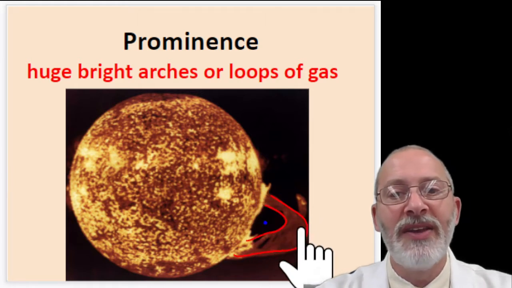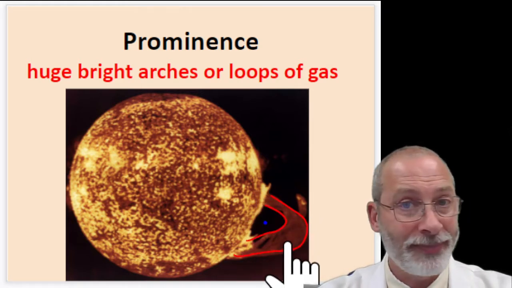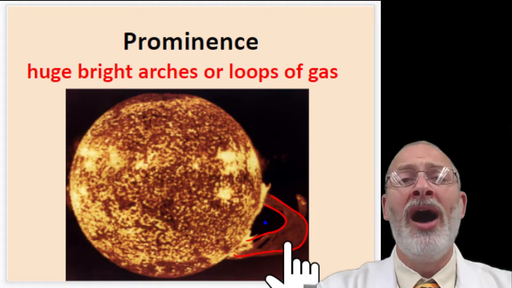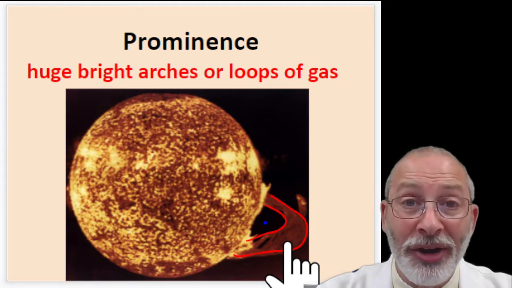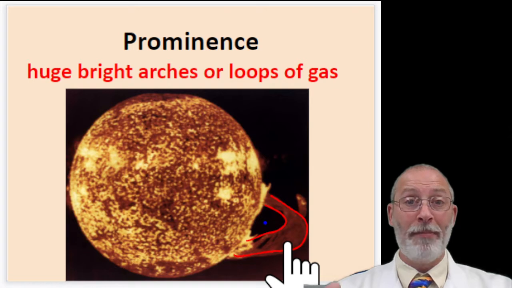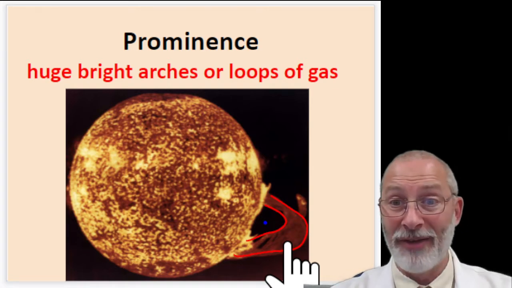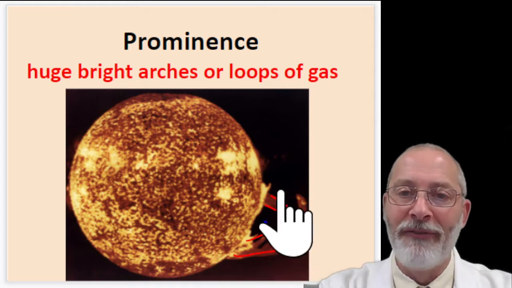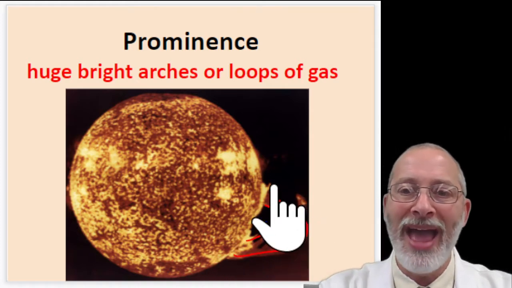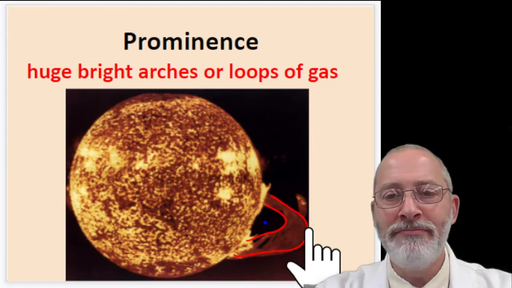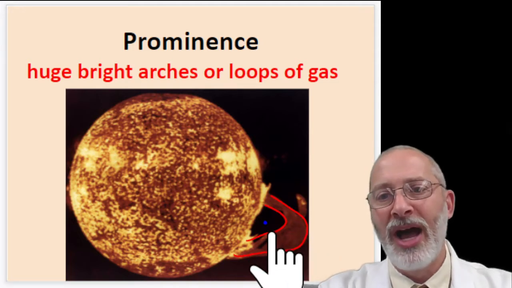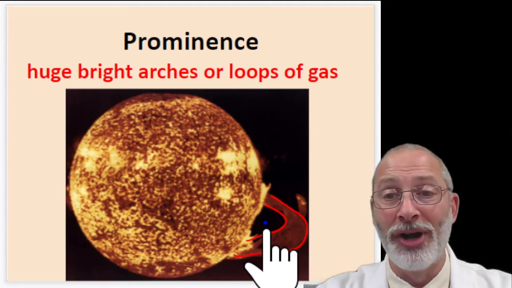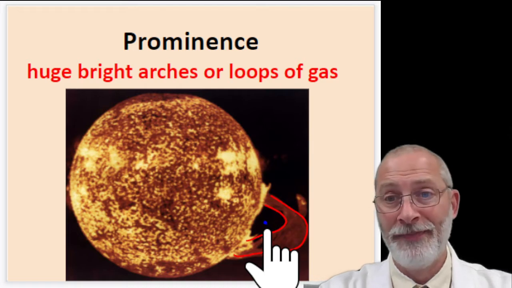Look at the size of this prominence. It is hundreds of times bigger than our entire planet. Think about that for a moment. This little loop of high energy gas extends many times out beyond the dimensions of our tiny little planet here.